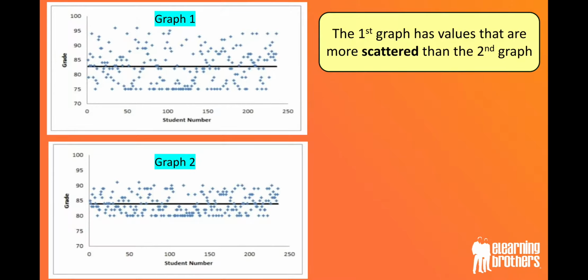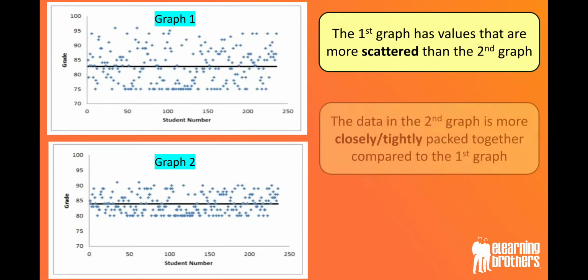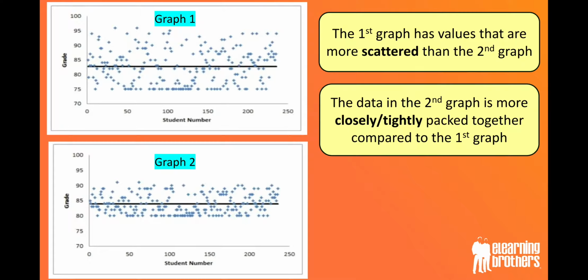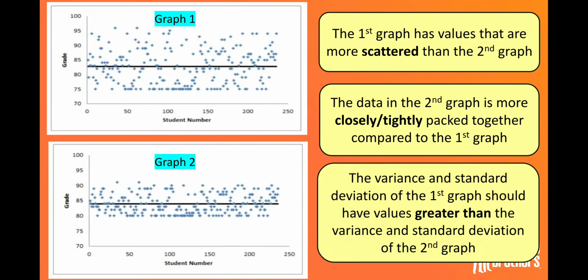So the first graph has values that are more scattered than the second graph, and the data in the second graph is more closely, tightly packed together compared to the first graph. This means that the variance and standard deviation of the first graph should have values greater than the variance and standard deviation of the second graph.